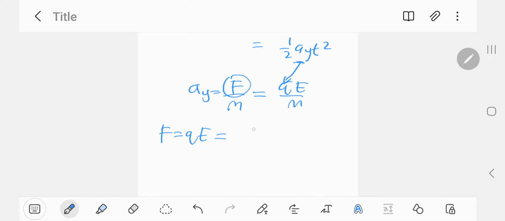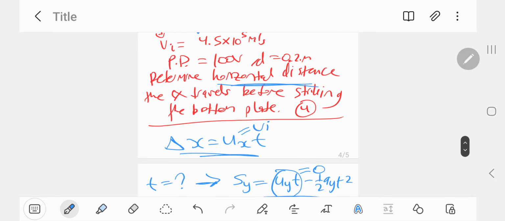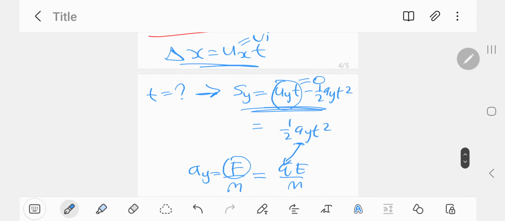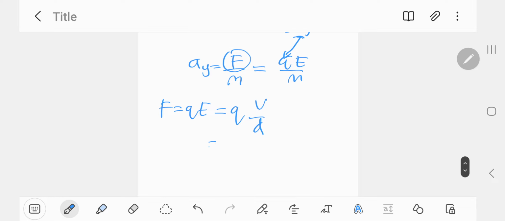Now Q is the charge of the alpha particle, which is 2 times 1.602 times 10 to the minus 19, because the charge of a proton is 1.602 times 10 to the minus 19 coulombs.